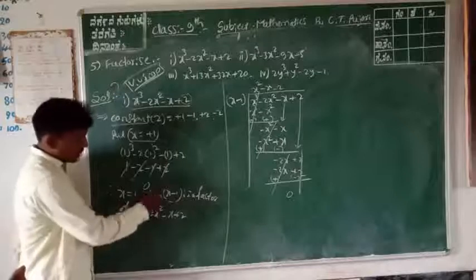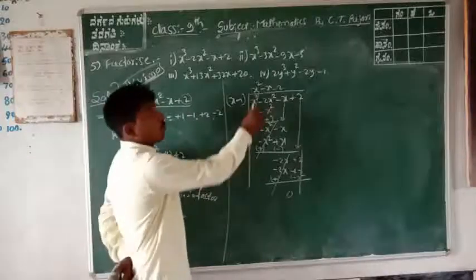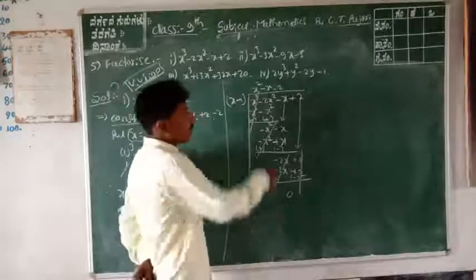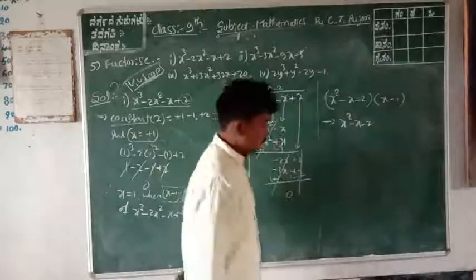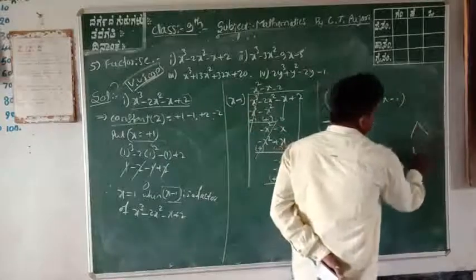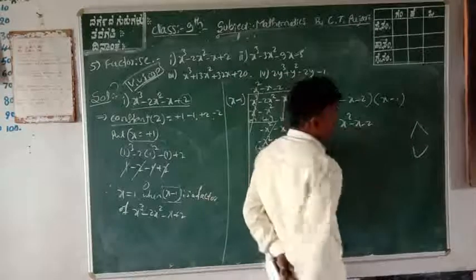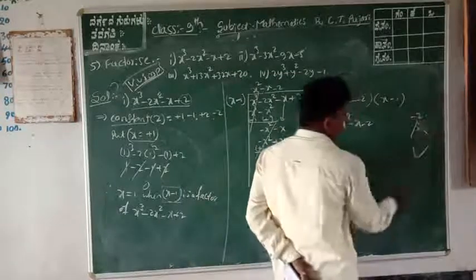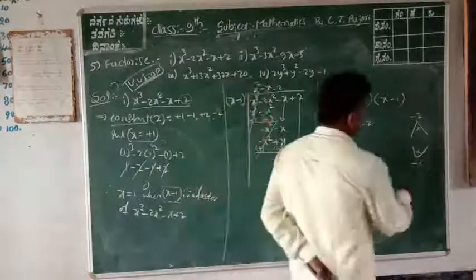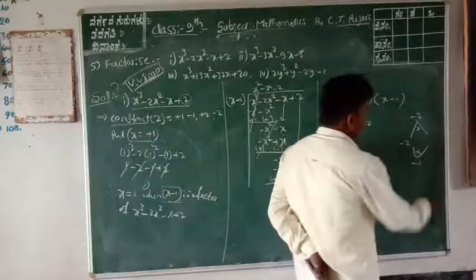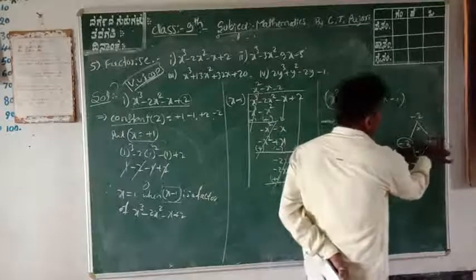The first factor is x minus 1. The second factor is the quadratic polynomial x squared minus x minus 2. Now simplify: multiply the first term and the last term, x squared times minus 2, giving minus 2x squared. We need two terms whose product is minus 2 and whose sum is minus 1: minus 2 and plus 1.